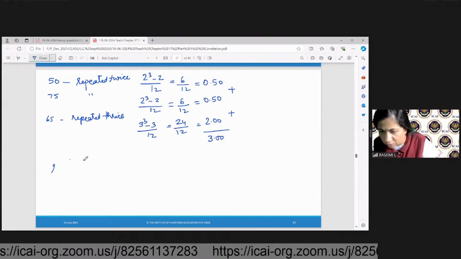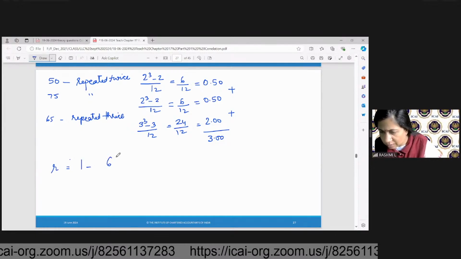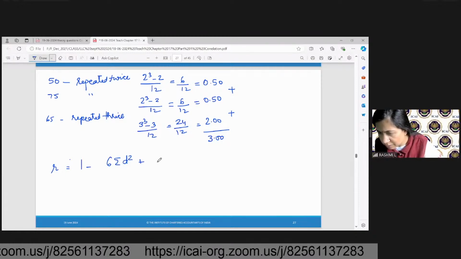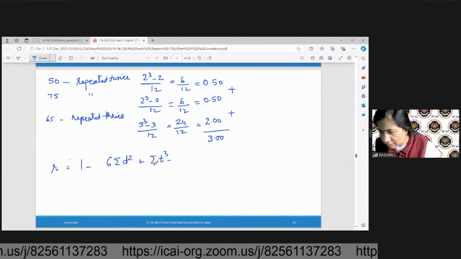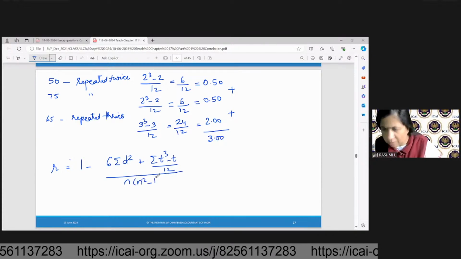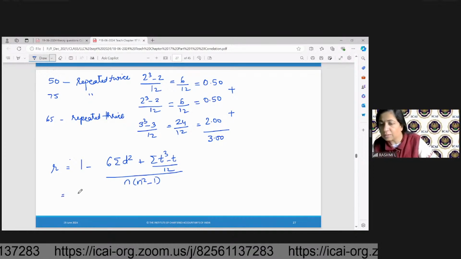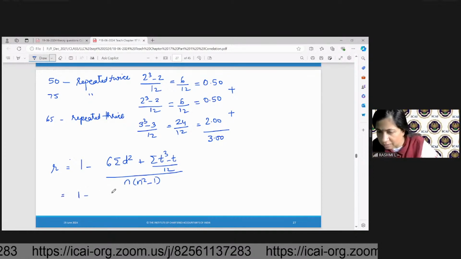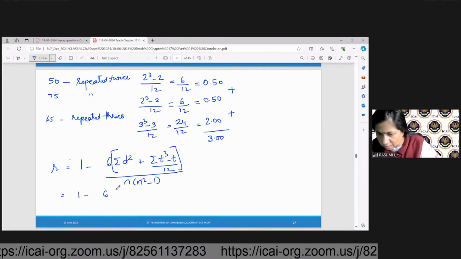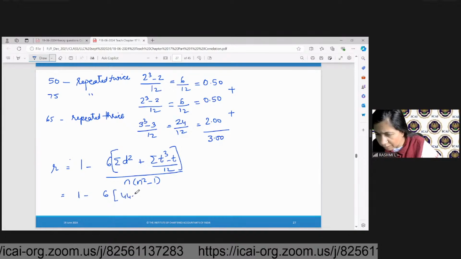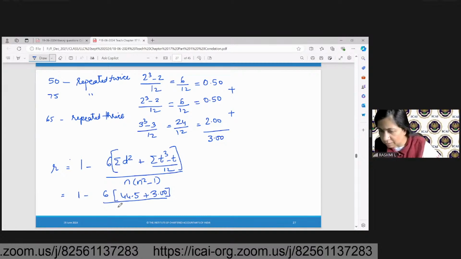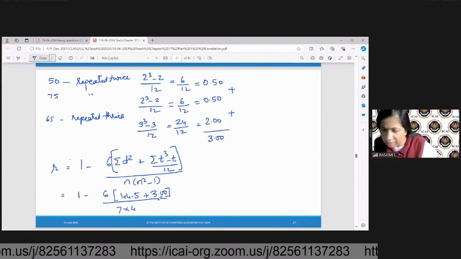So now let us put in the final value. R is equal to 1 minus 6 into summation d square plus summation t cube minus t upon 12, upon n into n square minus 1. So how much is this? 1 minus 6 into 44.5 plus 3, upon n, which is how much? 7. 7 into 48.